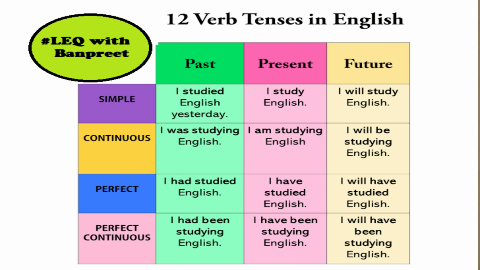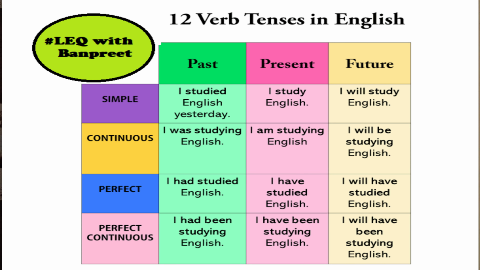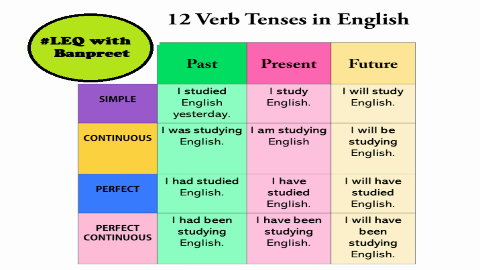Then comes the past perfect: I had studied English. Present perfect: I have studied English. Future perfect: I will have studied English. Then the last is past perfect continuous: I had been studying English. Present perfect continuous: I have been studying English. I have already told you, if it is past perfect continuous, you have to use had been.